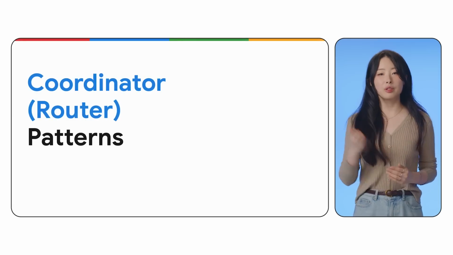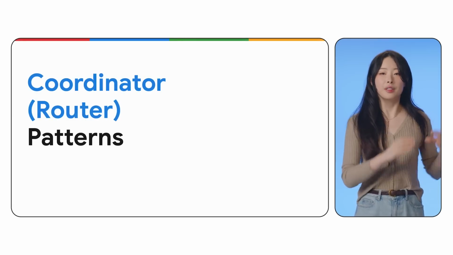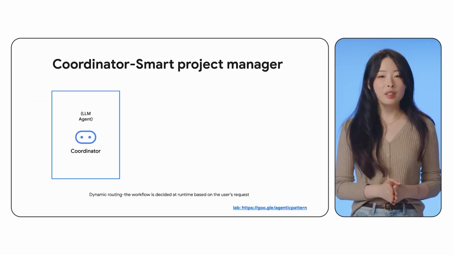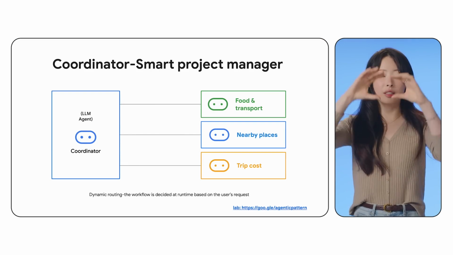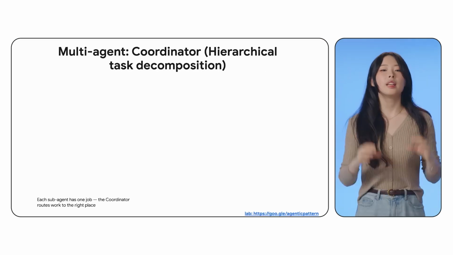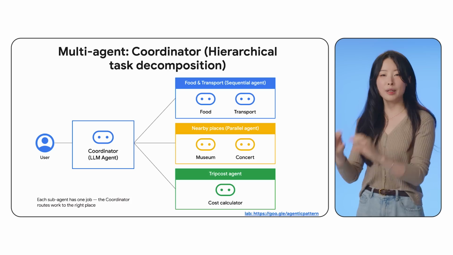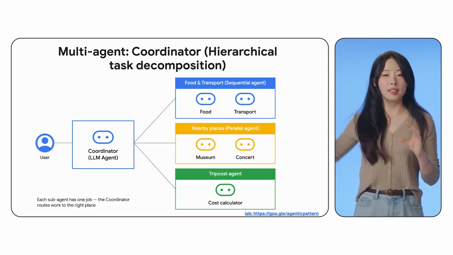The next is a very common and popular one, which is coordinator router pattern. So far, our multi-agent workflows have been predefined with sequential agent, loop agent, or parallel agent. You can think of this coordinator agent as a smart project manager. It analyzes users' requests and then delegates to the correct specialized agent from a team of experts.